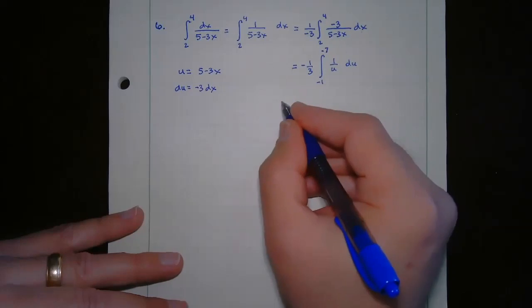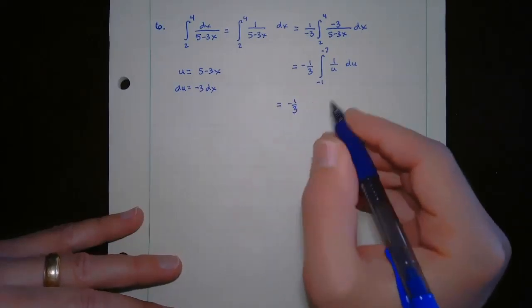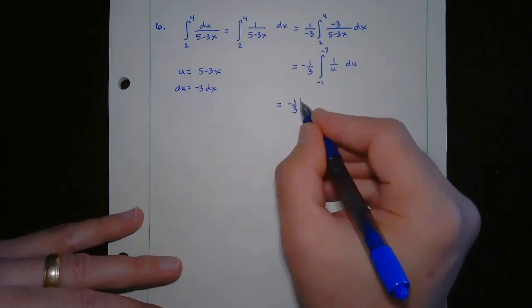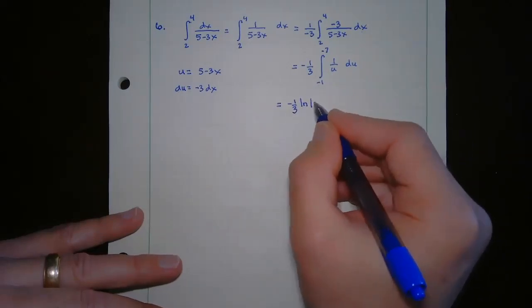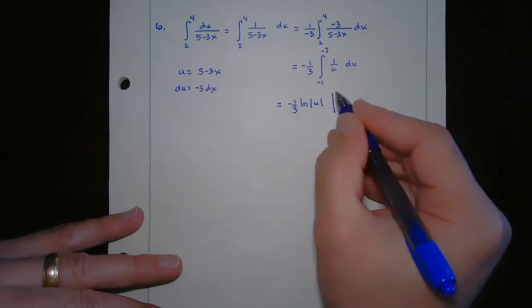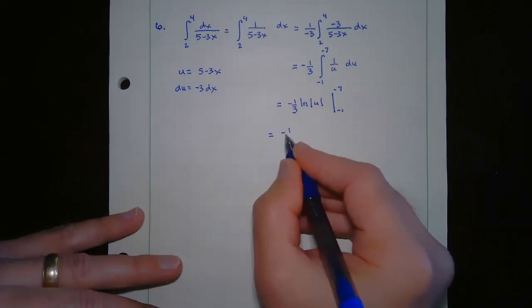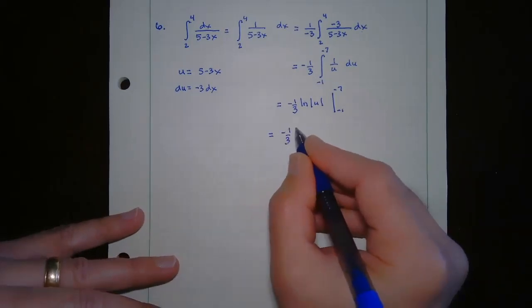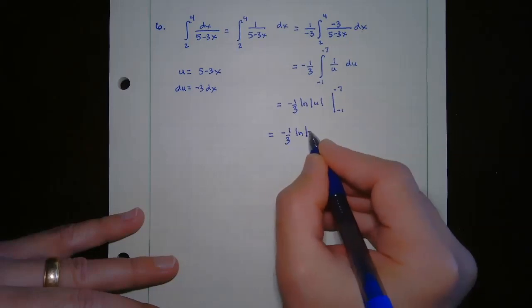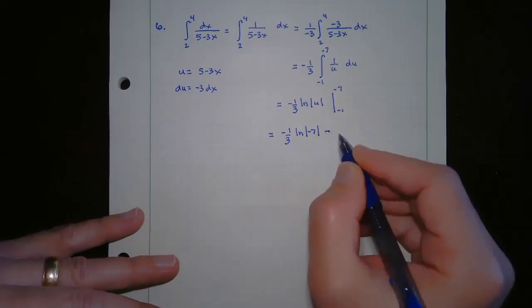Okay, and so this is equivalent to negative 1/3, okay? And then this is the natural log of the absolute value of u evaluated from negative 1 to negative 7, okay? So this is negative 1/3 ln of the absolute value of negative 7 minus negative 1/3, okay?